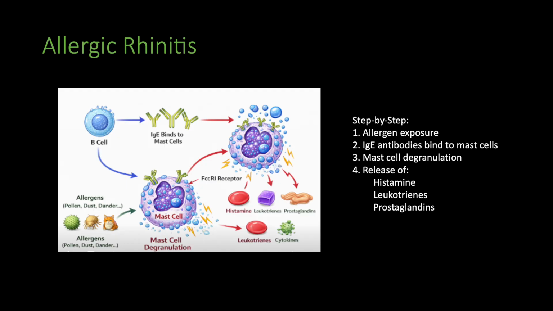So it's going to bind to a glucocorticoid receptor that's located within the mast cell, and then it will program the DNA within the nucleus of that cell so that it can suppress the release of these inflammatory particles like histamines and leukotrienes, thereby preventing the binding of these inflammatory particles altogether.